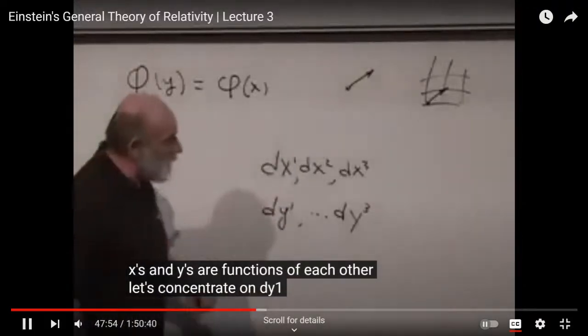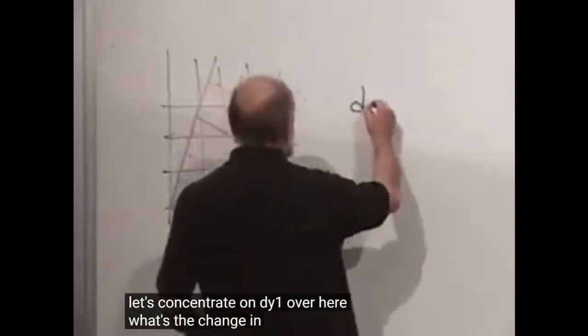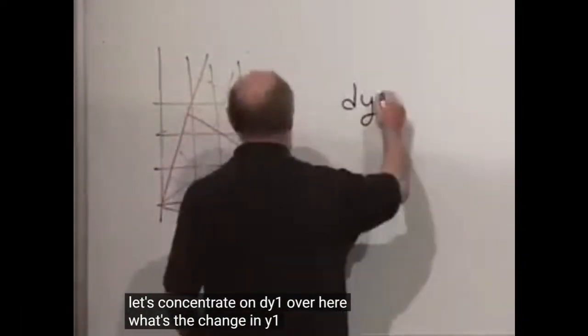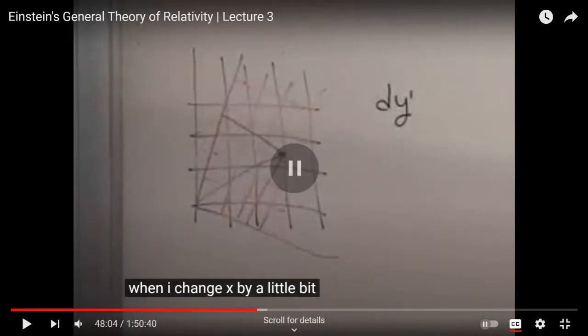Let's concentrate on dy1 over here. What's the change in y1 when I change x by a little bit? What is dy1 when you change x by a little bit?